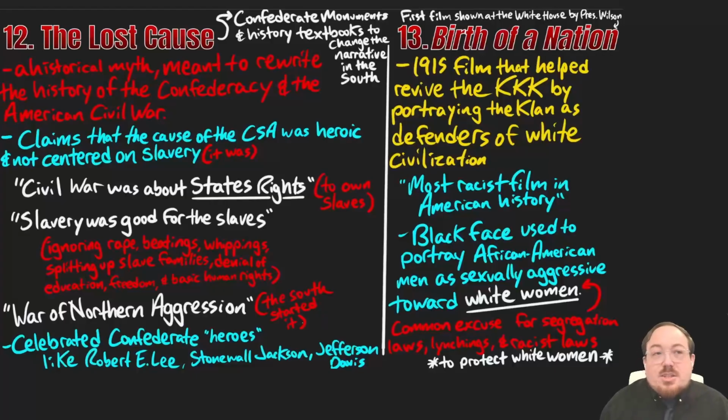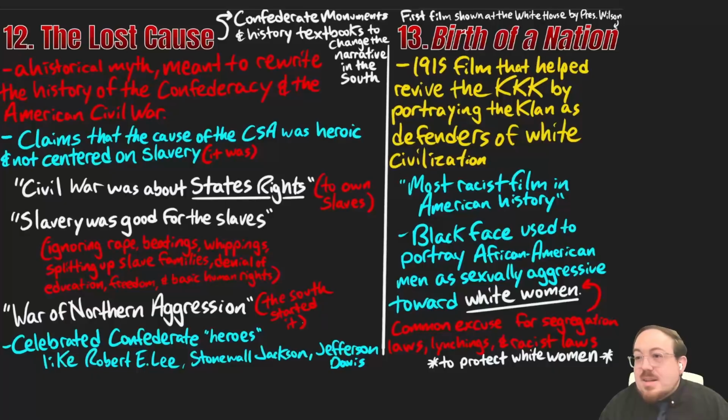They try to change the narrative about the Civil War and say that the Confederacy wasn't fighting for slavery, they were fighting for states' rights, or that the Confederacy was full of heroes and that slavery wasn't that bad. And people like Robert E. Lee and Stonewall Jackson and Jefferson Davis are heroes and not traitors and racists and horrible, brutal people.